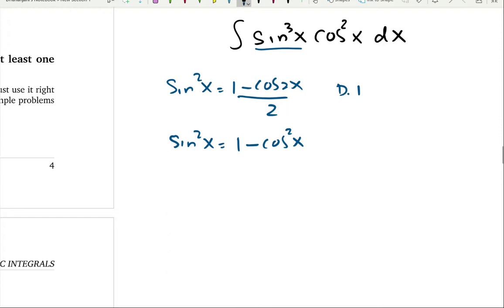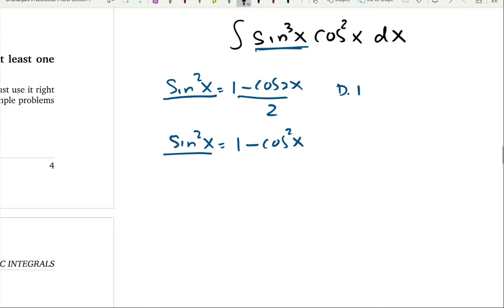No matter which identity you think of, when you think of it in terms of sine cube, it is impossible to use either identity. Think about this: how can you create sine cube out of sine square? It's near impossible.